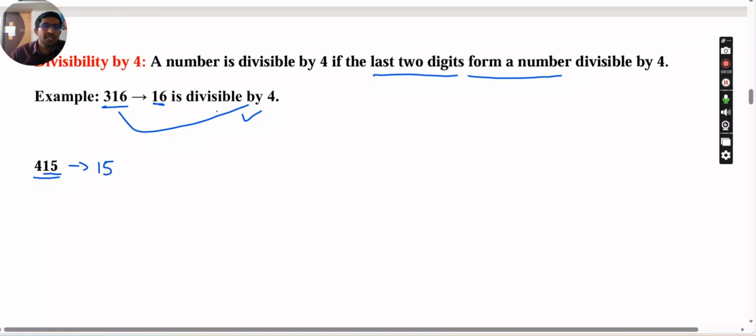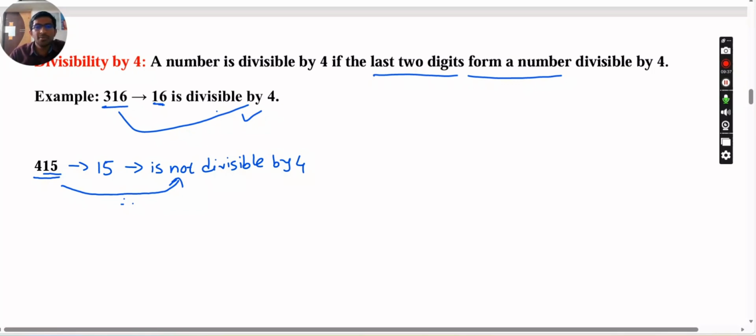So we have to check whether 15 is divisible by 4 or not. We know that in the table of 4, 15 is not coming. So we can say directly that 15 is not divisible by 4. So here we can write, is not divisible by 4. Therefore, this number also is not divisible by 4.